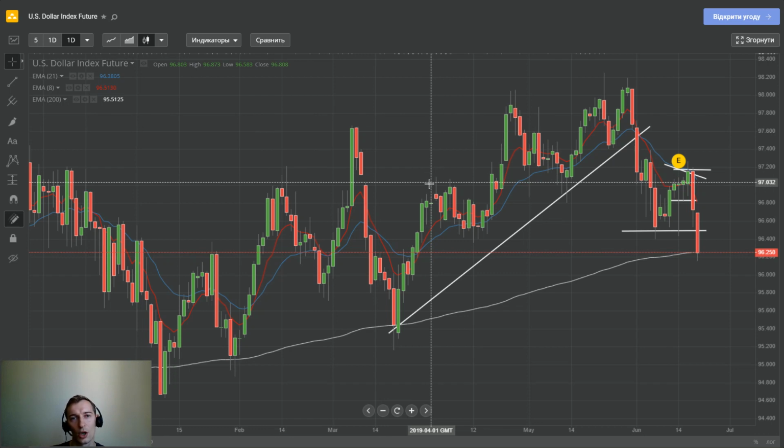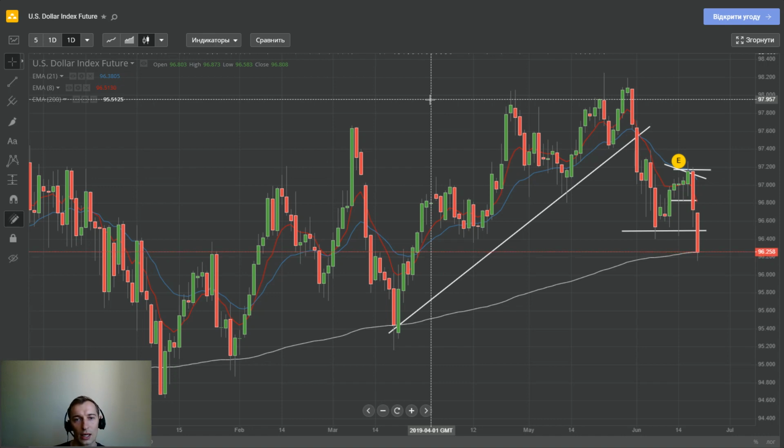So a lot of things are going on in the markets. Many speeches from central banks. On Monday we had the ECB, Mario Draghi, pushing for more stimulus for the Eurozone. On Wednesday we had the Federal Reserve also ready to cut rates, and today we have the Bank of England.